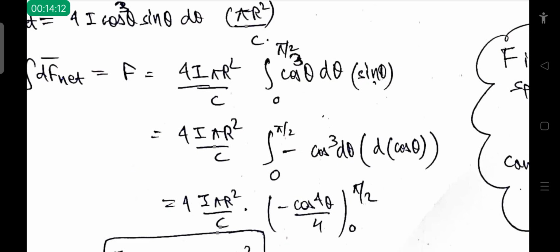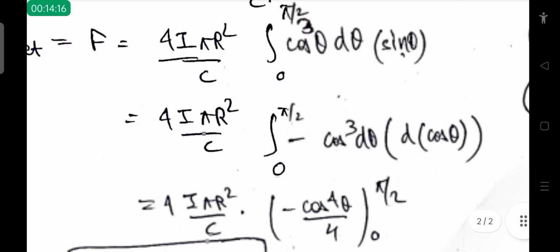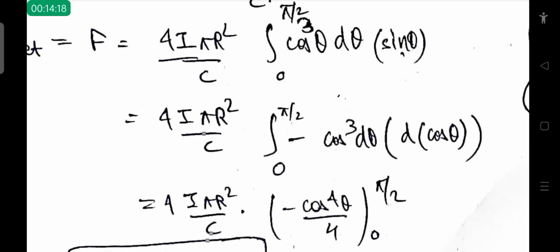So now it's just integration. There are two methods to solve. You can substitute cos theta as t and use substitution, and I have directly written it like this, that derivative of cos theta is minus sin theta. I have supplied a negative sign, so sin theta can be written as minus of derivative of cos theta.